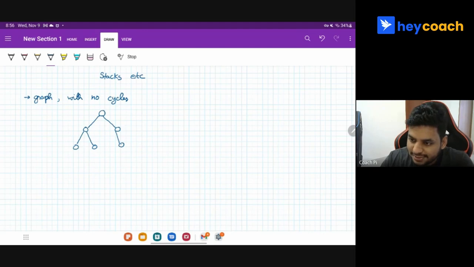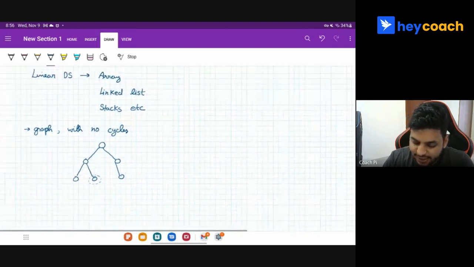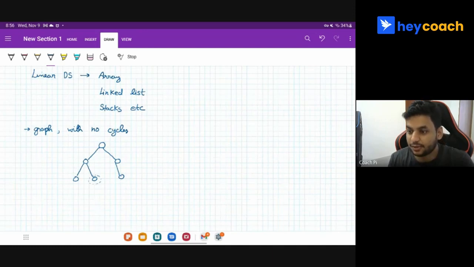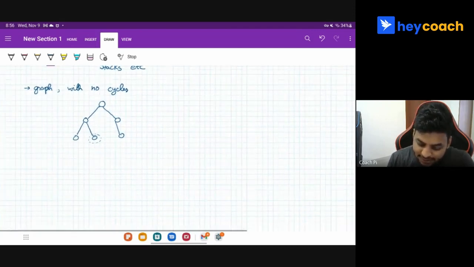So this is a graph because the access pattern is not linear. If you want to visit a particular node, you cannot visit linearly like in an array, where you start iterating from the zeroth index and keep on iterating one by one. So one is graph, and the other thing is no cycles.